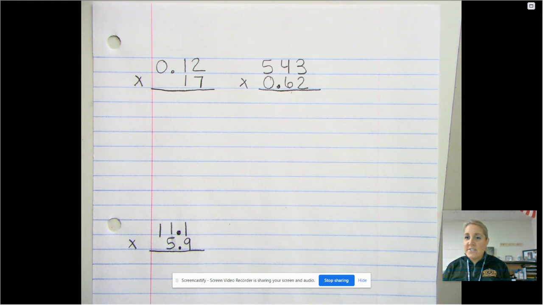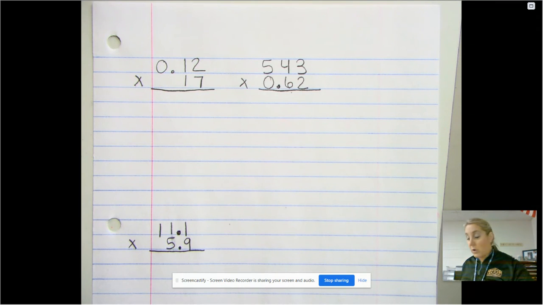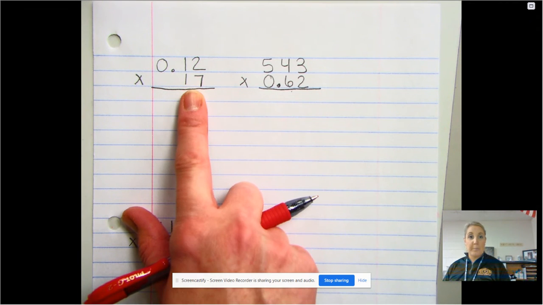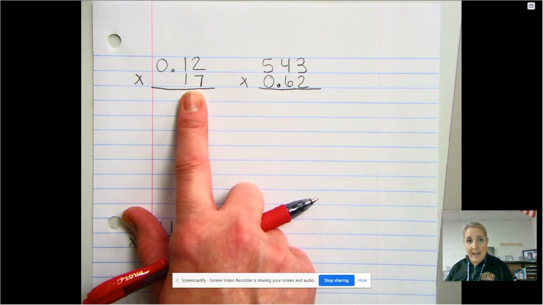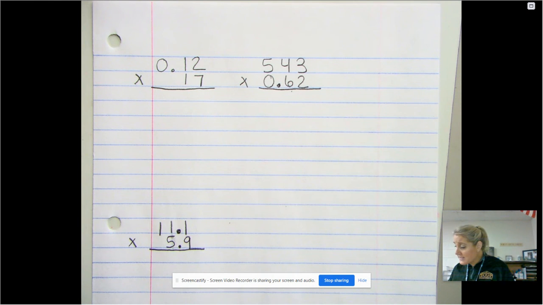So today, don't be afraid that there's a decimal involved right now. We're just going to pretend to multiply like normal, and then I'm going to show you what we do with the decimals. Go ahead and write this down on your piece of paper. This is going to be kind of like your examples to look back at so you can do tonight's assignment.